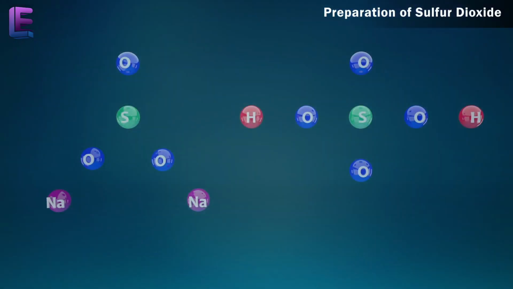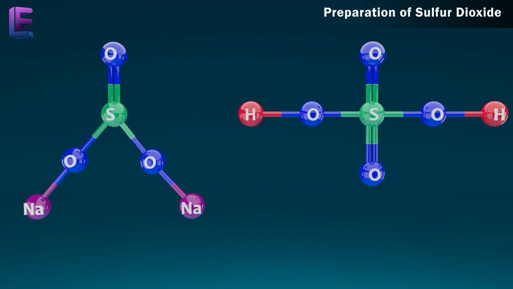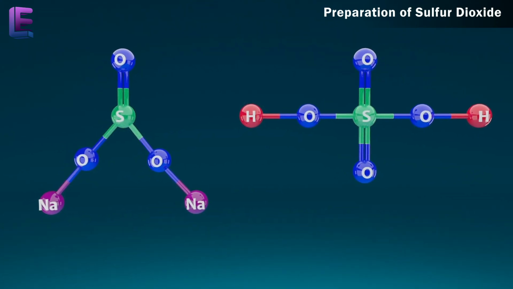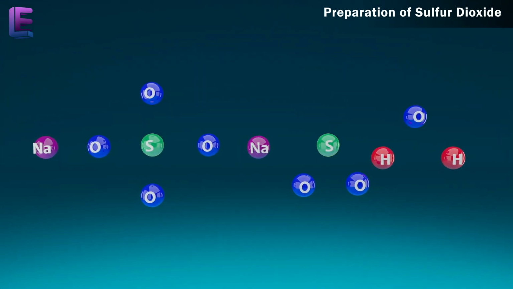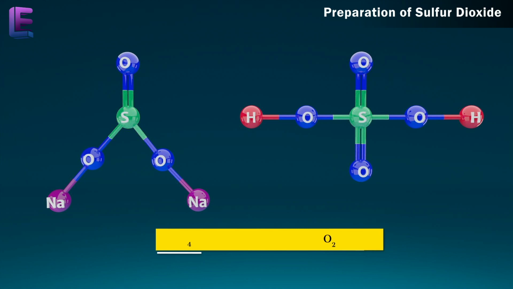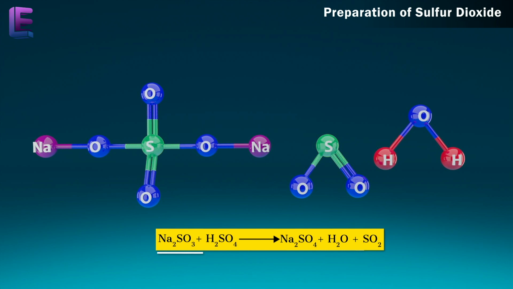Preparation. In the laboratory, it is readily generated by treating a metal sulfite or metal bisulfite with dilute acid, which gives sulfur dioxide. For example, dilute sulfuric acid reacts with sodium sulfite to give SO2. Na2SO3 plus H2SO4 gives rise to Na2SO4 plus H2O plus SO2.